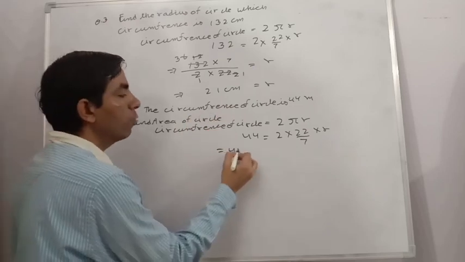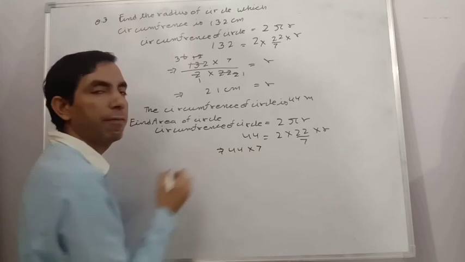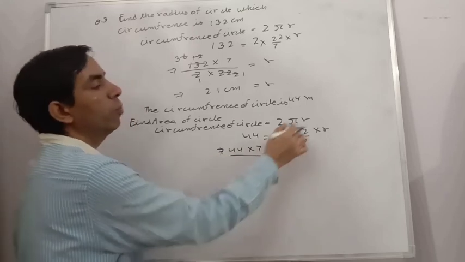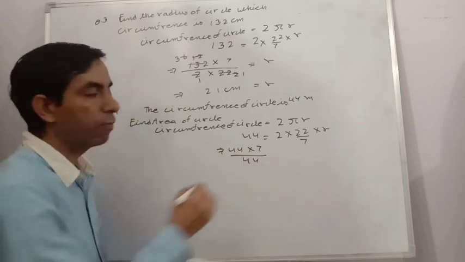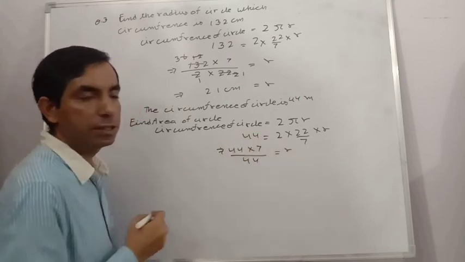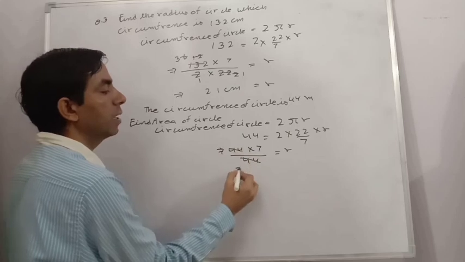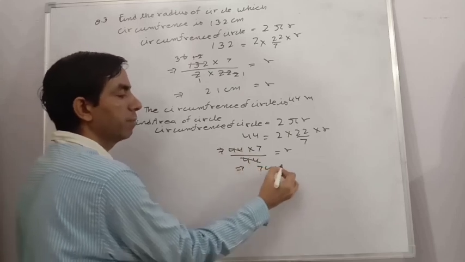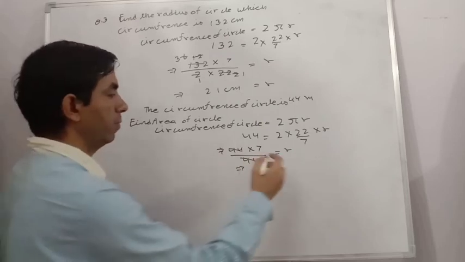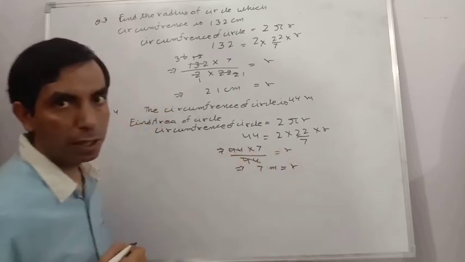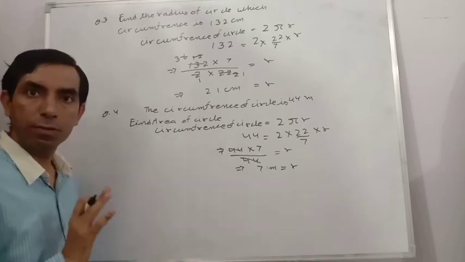So 44 multiply 7 upon 2 multiply 22 is 44. So in the denominator is 44, r as it is. So 44 cancels, then r is 7 centimeter, 7 meter sorry, because in the question our unit is meter. So radius is 7 meter. Now we can find the area of circle.